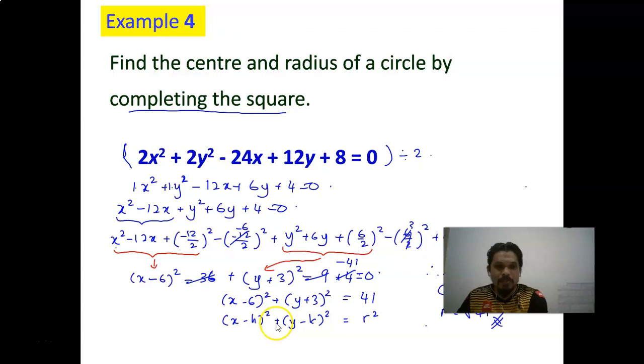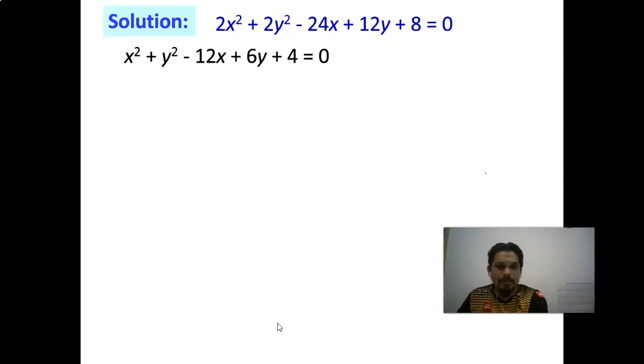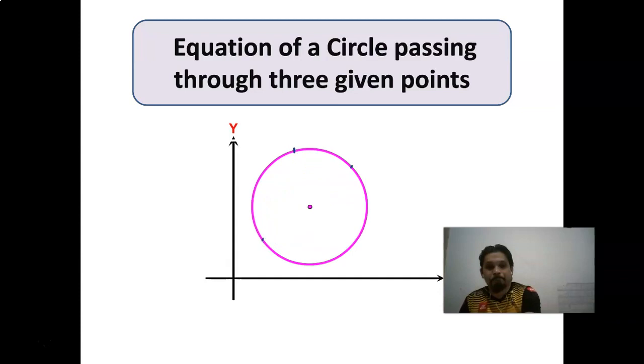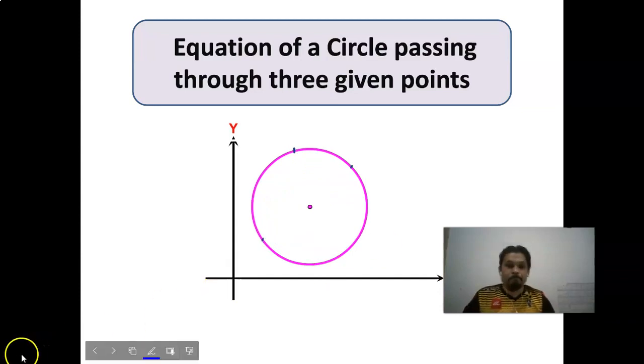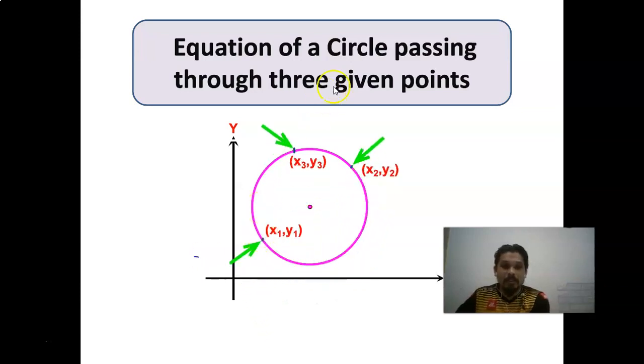Given that, solution: equation of a circle passing through 3 given points. Let's imagine that we would like to find an equation of a circle that passes through these 3 points.